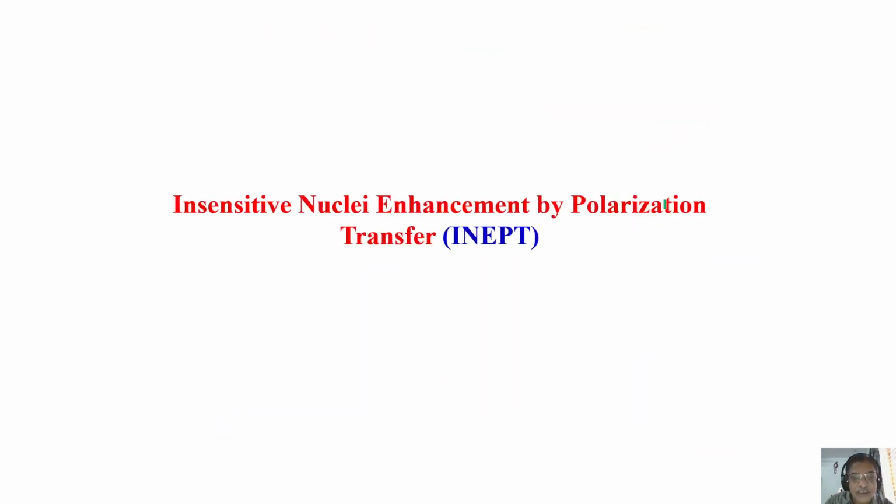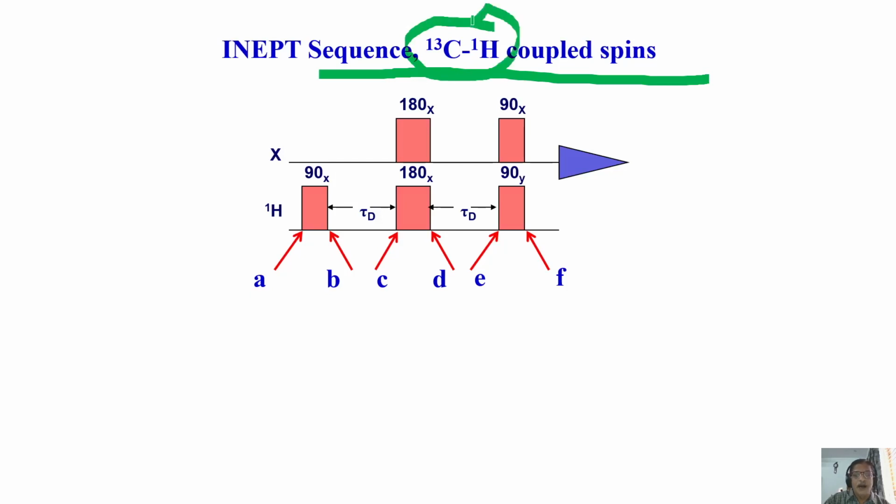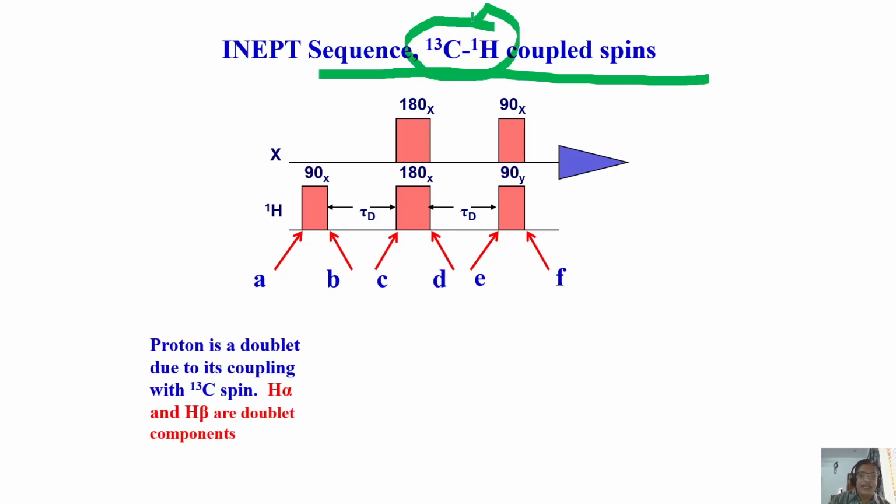So now we use this for understanding INEPT. What is an INEPT? The INEPT sequence is like this. It is a sequence for doing polarization transfer, and we are taking the example of the carbon-proton coupled spin system. Polarization transfer helps us not only in gaining intensity but also in doing spectral editing.